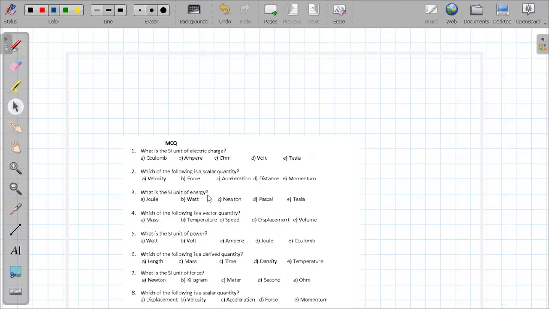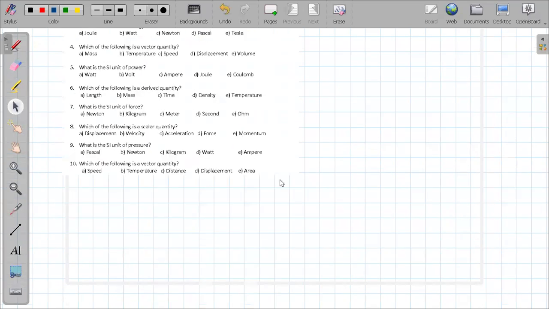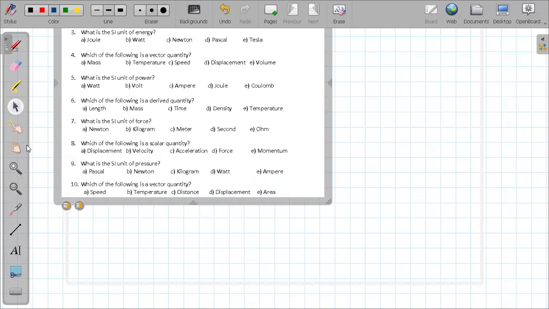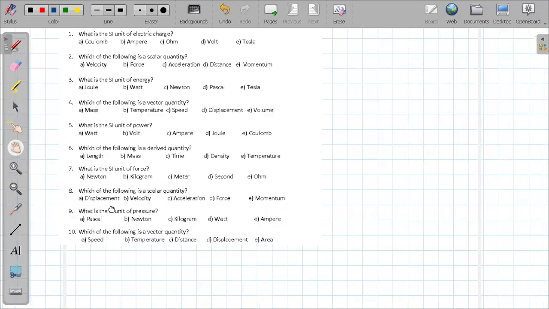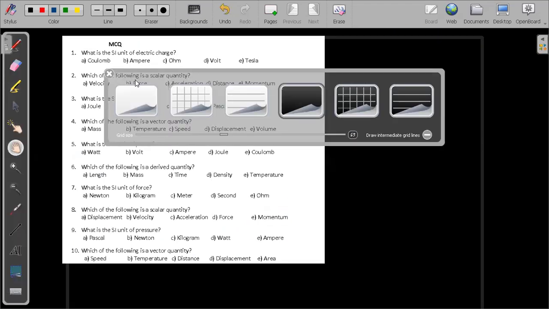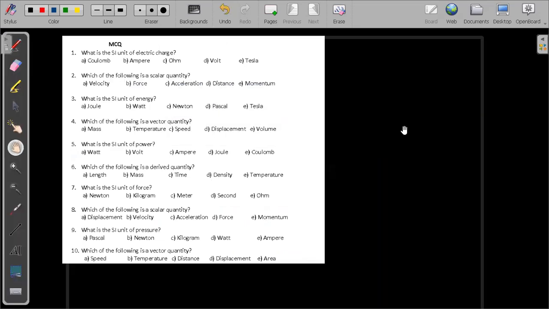I will raise it to here and make it a little bit bigger. Okay, now it is highlighted. Now you can only see the questions.